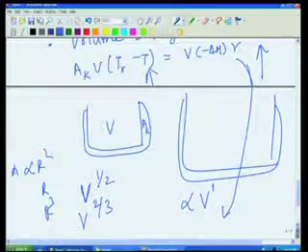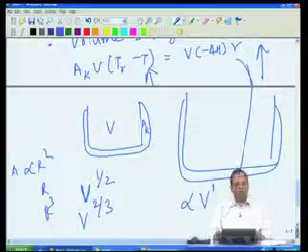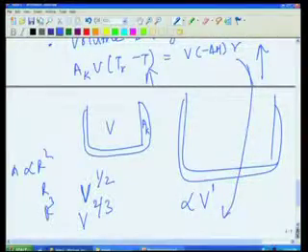So, we will stop for this session, and in the next session we will look at what happens when you have an adiabatic operation, and how do we relate the temperature and concentration changes and so on.